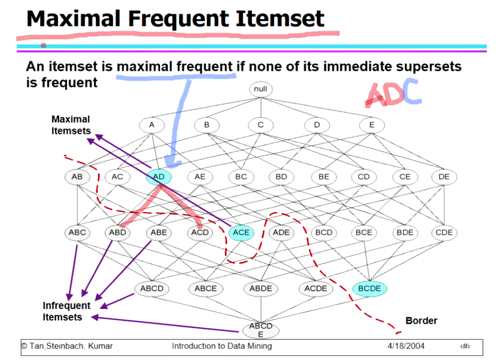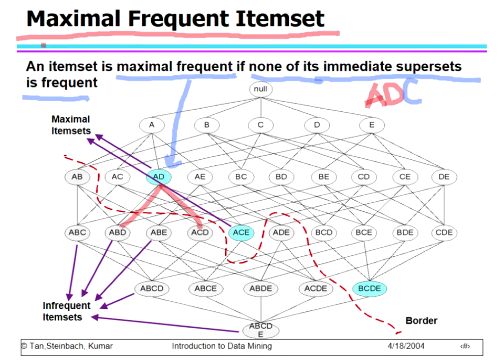So AD is maximal frequent because none of its immediate supersets is frequent. In our example, the immediate supersets of AD are ABD and ACD. ABD is infrequent, ACD is infrequent. For this reason, we say that AD is maximal frequent.